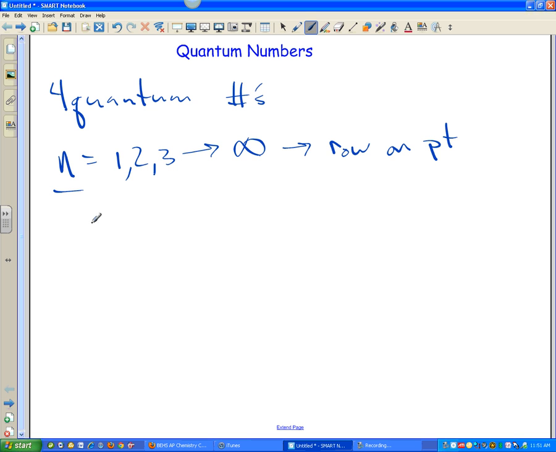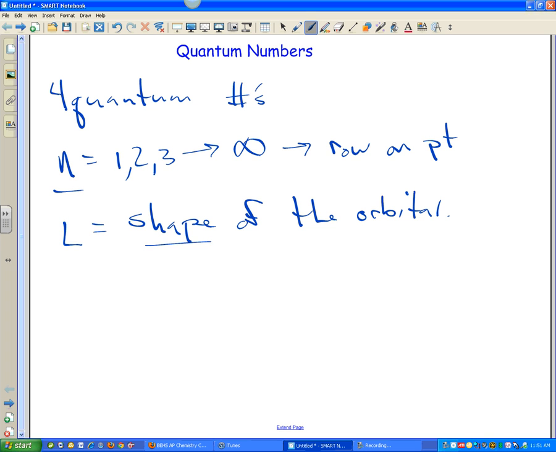All right, the second one that we have is L, and it's often written lowercase, and that is confusing. But L is called the angular momentum, or azimuthal quantum number. And L is going to give you the shape of the orbital.